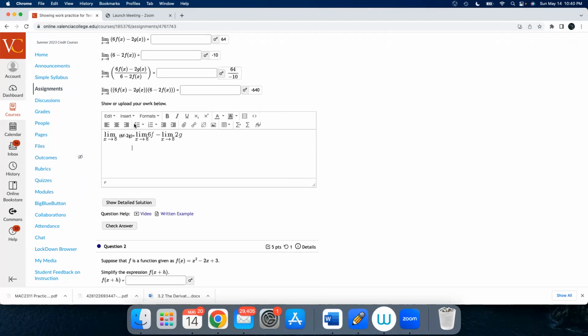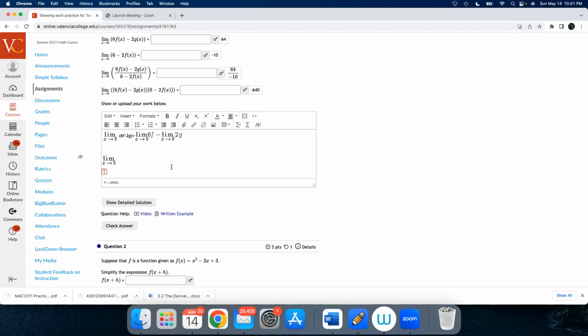Now, if you know any LaTeX at all, you can also do this in LaTeX. So I could do lim X to 8. And I think I do need that inside there.